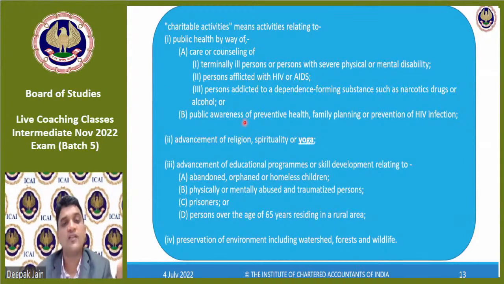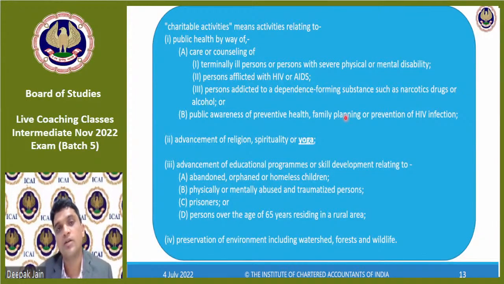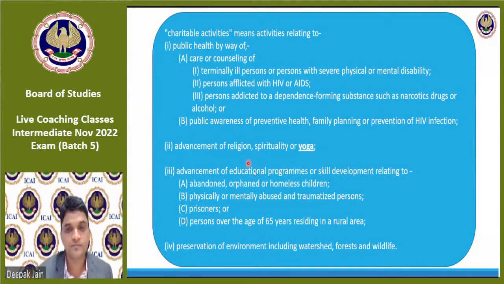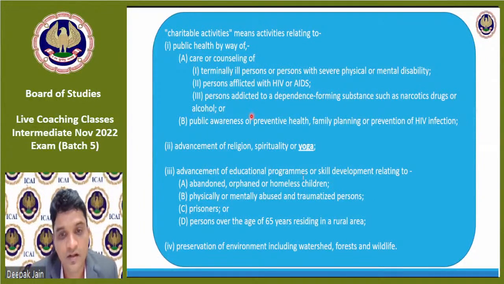Or public awareness of preventive health, family planning, or prevention of HIV. So the trust which is formed, generally charitable activities would be done by a trust. So that trust is doing the activity of public awareness of preventive health. Okay, which will be exempted. Now, what is the meaning of, sir, persons affected with cancer also connected?